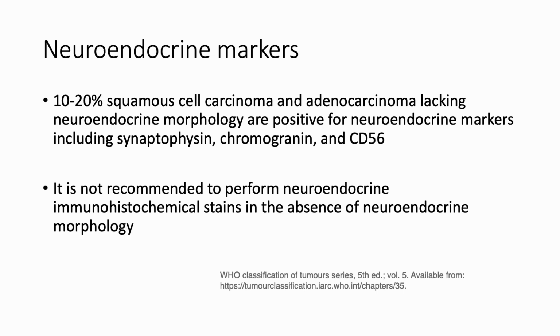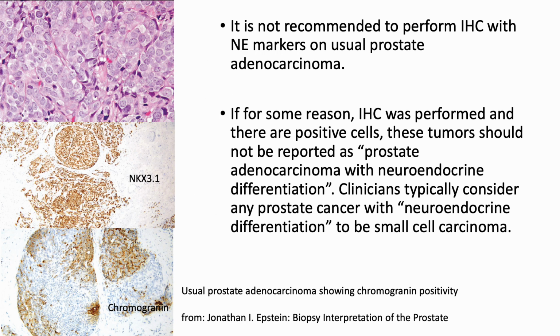It is also well established that in the lung, approximately 10 to 20% of squamous cell carcinomas and adenocarcinomas can express neuroendocrine markers when tested. Therefore, to avoid diagnostic confusion and potential misclassification, it is generally not recommended to perform neuroendocrine immunostains in the absence of characteristic neuroendocrine morphology.